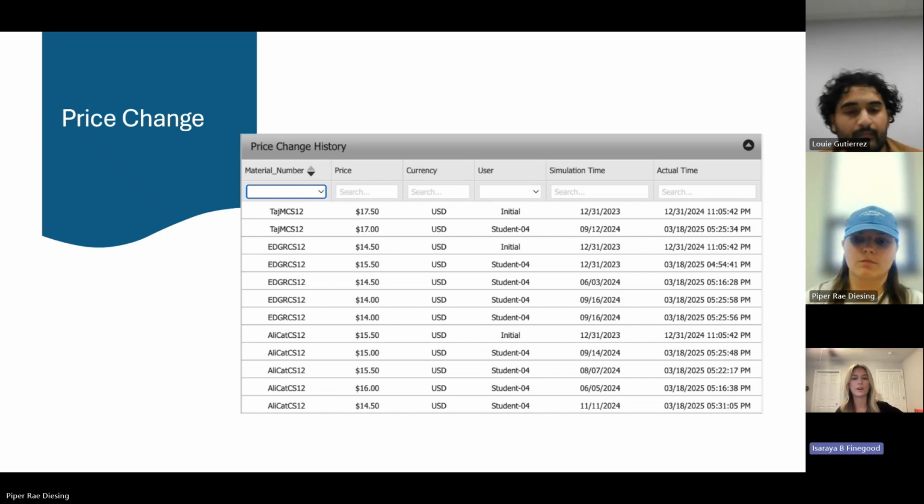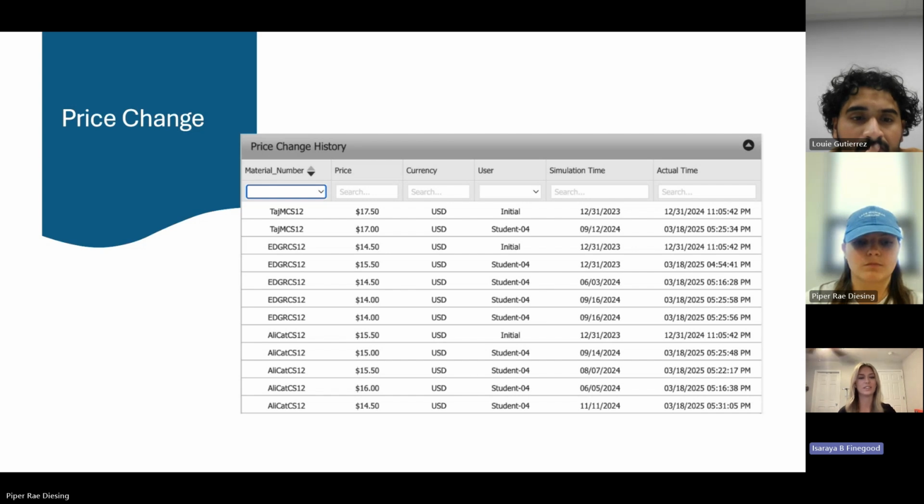Okay, so for the price changes, we pretty much stayed with our plan of which prices to change on what months. But for Taj Mahal, our plan was to start at 1750 and to change it to 17 in October. And we ended up starting at 1750, like we said, but we did change to 17 in September, but it's pretty close.